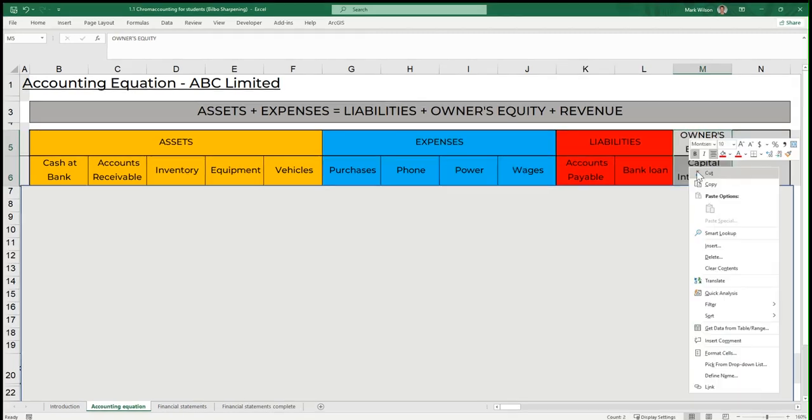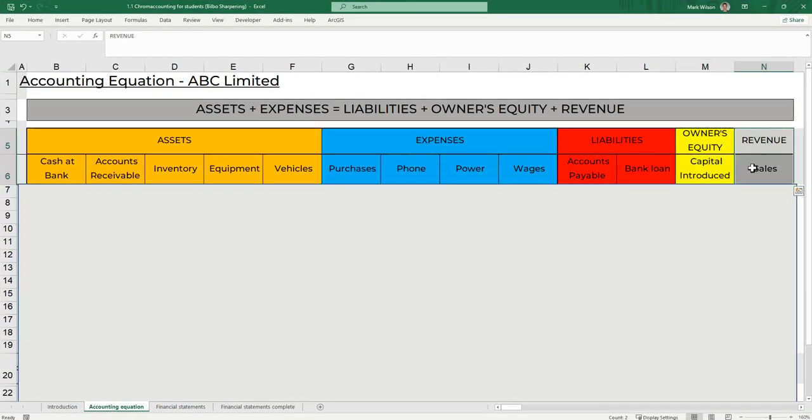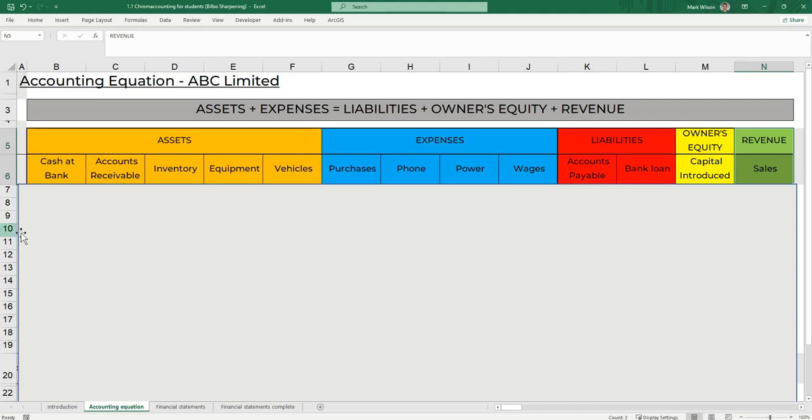Owner's equity, the light bulb moment, right click, yellow, and revenue, right click. Cash that we've received, cash is green. Okay, so that's going to help me when I get to posting all of my general ledger balances into my financial statements, which we're going to do shortly.